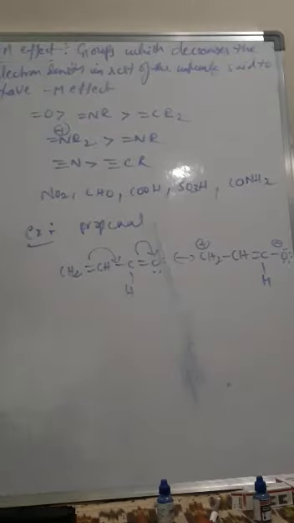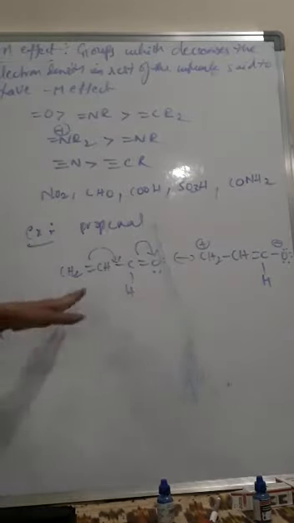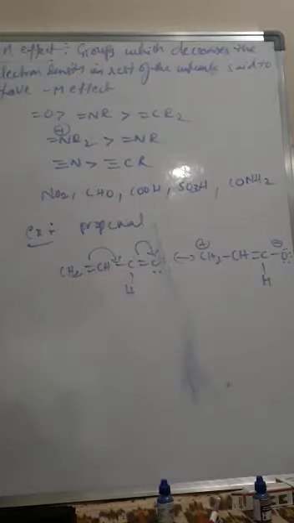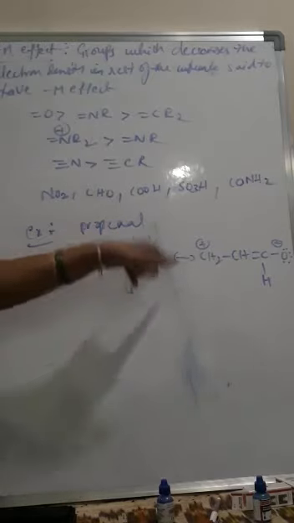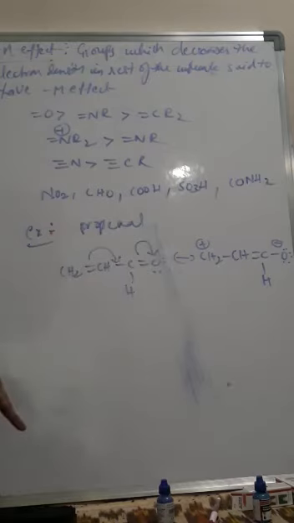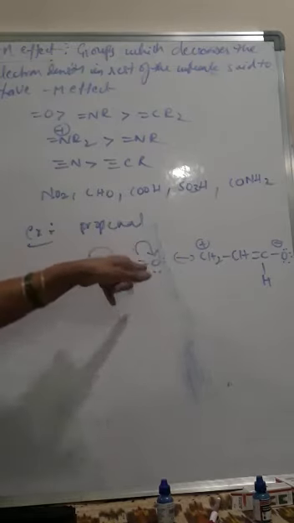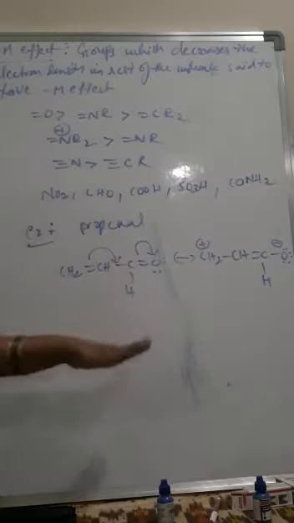So in conjugation, for example, propenal is there. This is the aldehyde group, CHO is the aldehyde functional group. Here transfer of electrons takes place towards the group. So when electrons transfer towards the group, automatically in the rest of the chain, electron density gradually decreases.